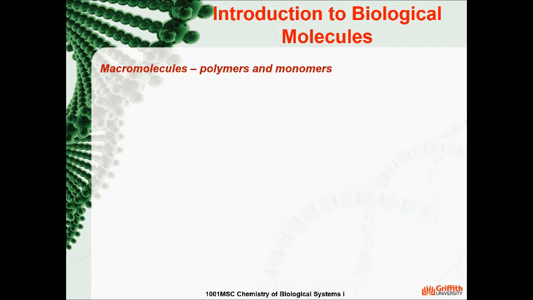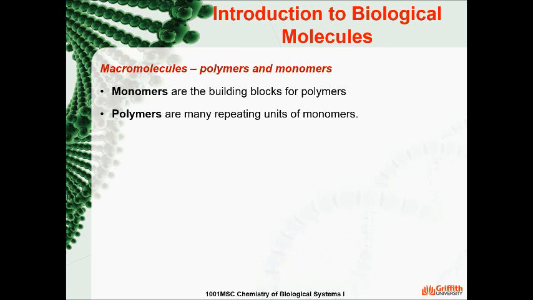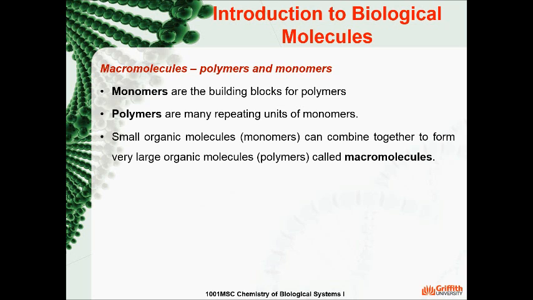First, let's start with some definitions. Monomers are the single units or building blocks for polymers. Polymers are made of repeating units of monomers. The term macromolecules refers to very large organic molecules, polymers, that form from combining small organic molecules, the monomers.